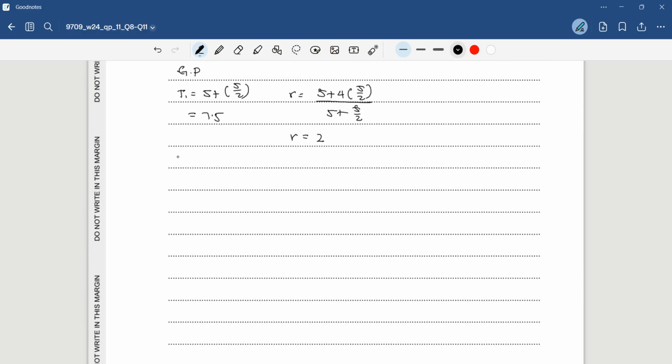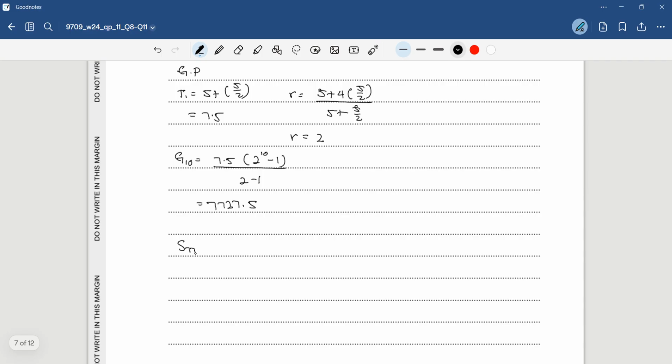Therefore, G10 will be a times R to the power of n minus 1 over R minus 1. So it will be 7727.5.